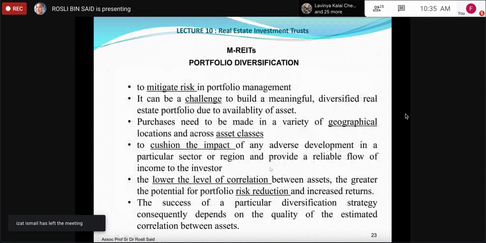Okay, so the purpose of diversification is to mitigate risk in portfolio management. It can be a challenge to build a meaningful diversified real estate portfolio due to availability of asset.